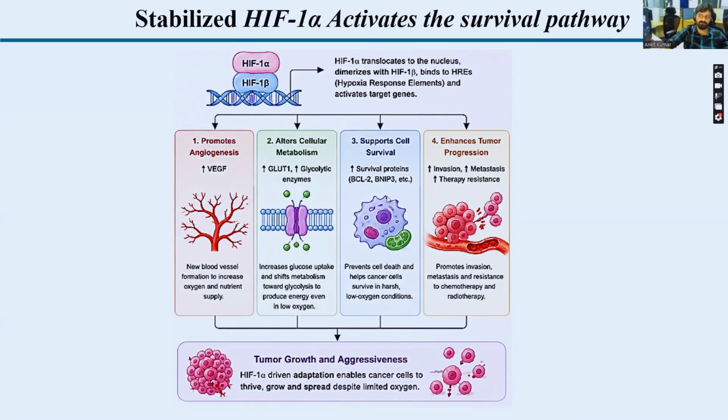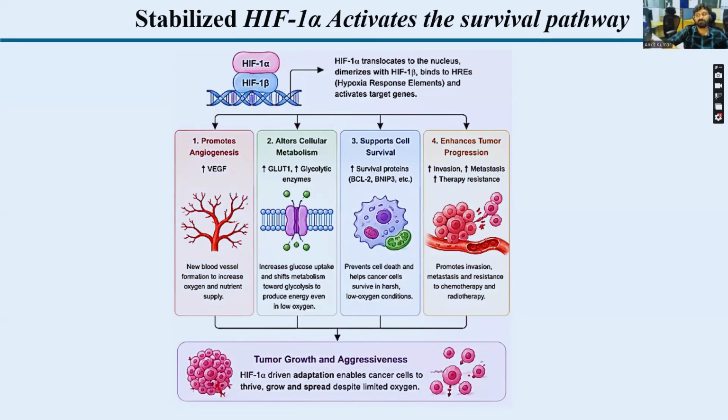Then that also supports the cell survival pathway, and it enhances tumor progression like invasion, metastasis, and therapeutic resistance. So if you see the solid tumor, due to this particular region, you will see that different regions of the solid tumor, like the proliferating zone, quiescent zone, and necrotic core, show different kinds of resistance to any kind of chemotherapeutic reagent.